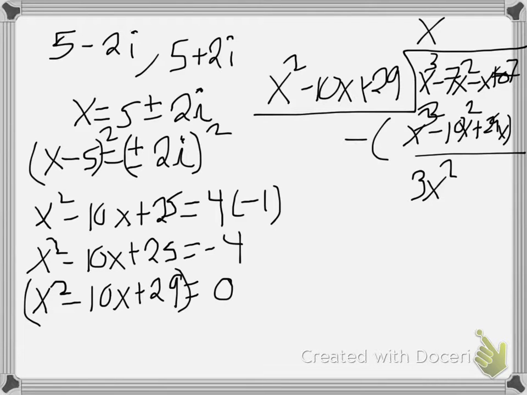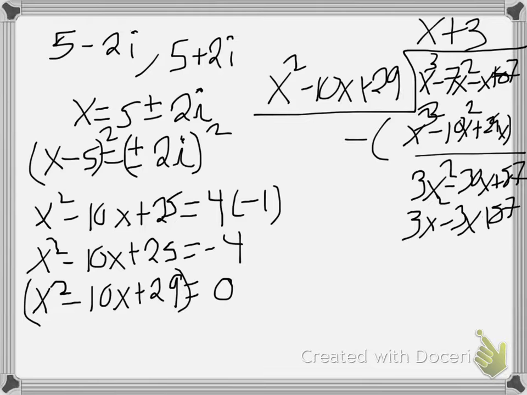Negative 1 minus 29, so it's minus 30x. And then I bring down my 87. So x squared goes into 3x squared 3 times. So I end up with 3x squared minus 30x plus 87. If I subtract that, I end up with 0, as I should.